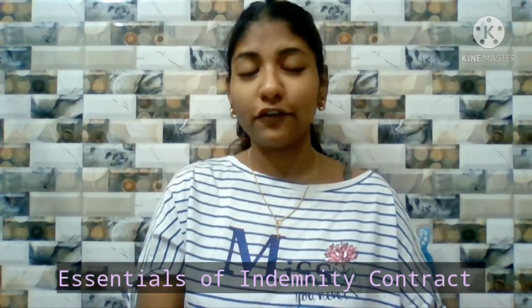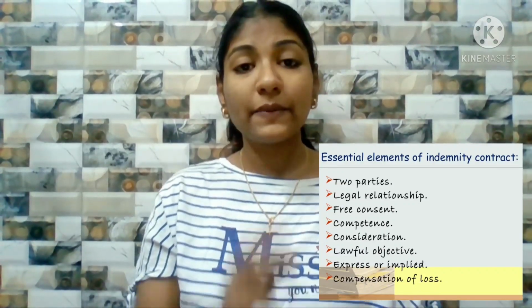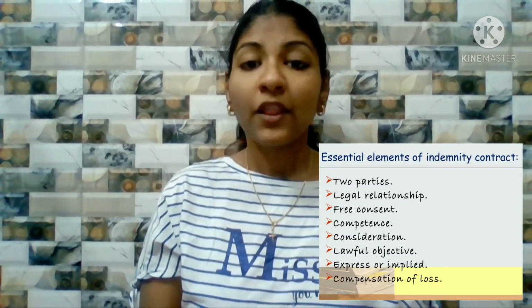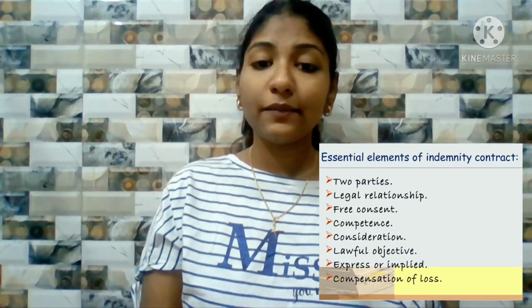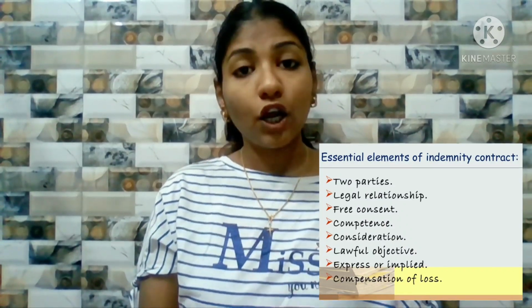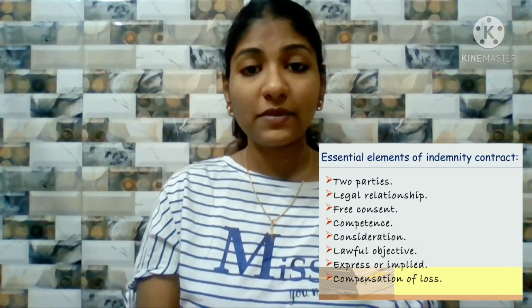So, what are the essentials of a contract of indemnity? First is the parties to a contract. There must be two parties, namely the promisor or indemnifier and the promisee or indemnity holder. Second is protection of loss. A contract of indemnity is entered into for the purpose of protecting the promisee from loss.